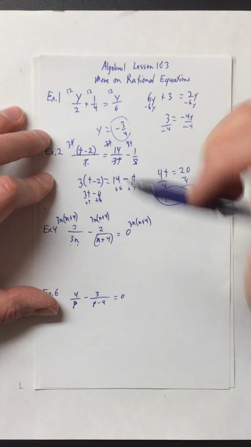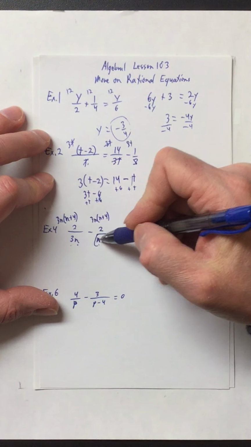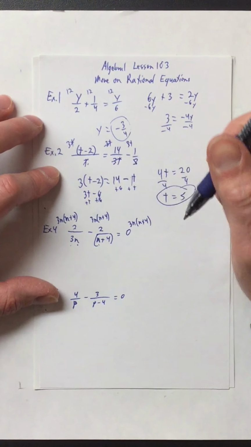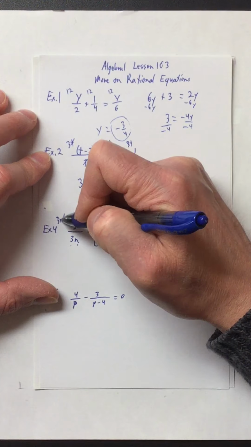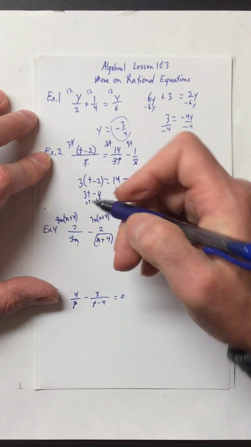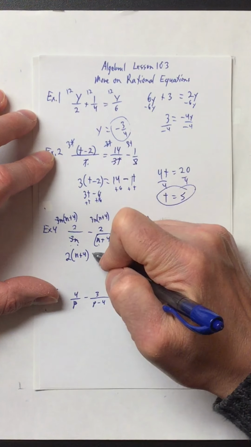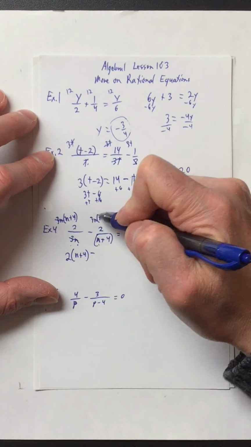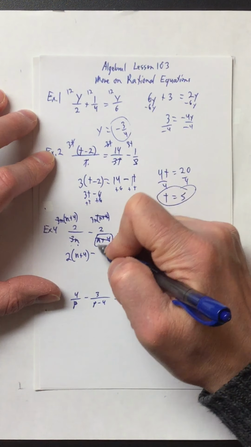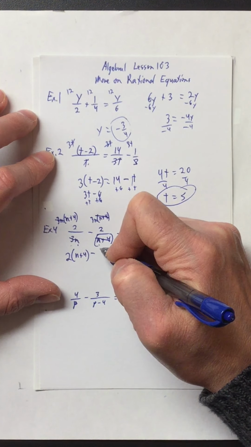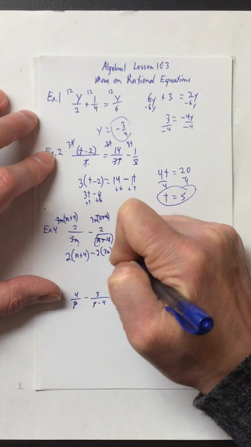Because these two are connected by multiplication, and this gets connected to this whole parentheses by multiplication. Canceling out my denominator, in my first term here, my 3n's cancel, and I'm left with 2 parentheses n plus 4. In my next part, my parentheses part cancels, and I'm left with negative 2 times 3n.